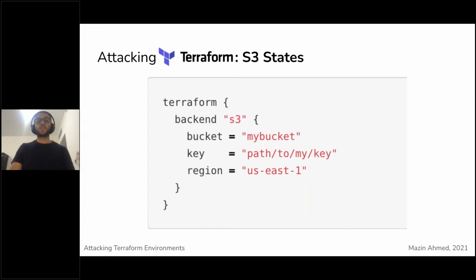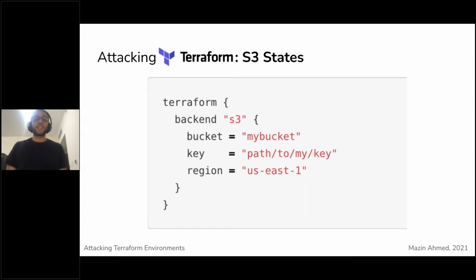This state file would have configuration notes about everything, and then when you are deploying again, it will check the state file to see the delta and see what's being changed. If something is changing here, then it will tell you about it, and then it will be added to the state file.